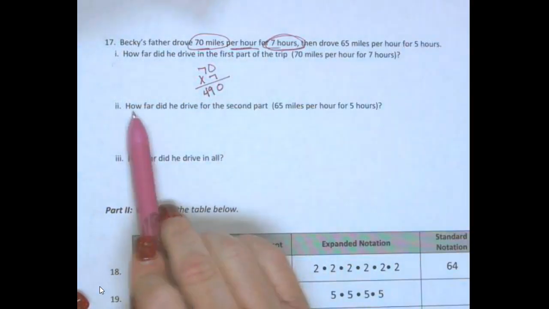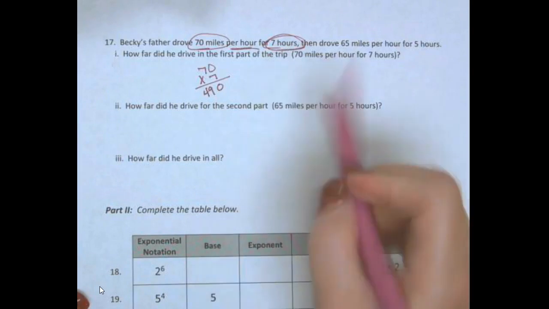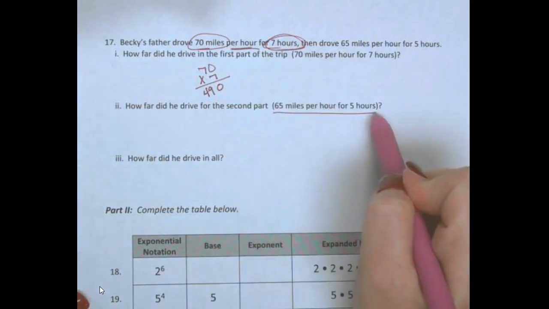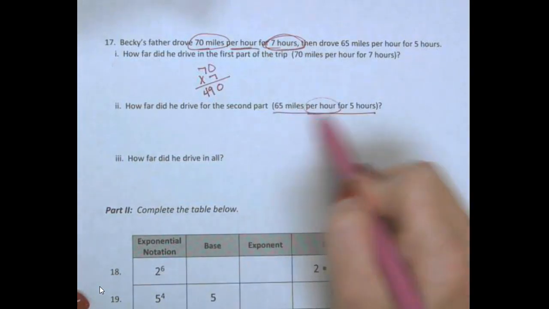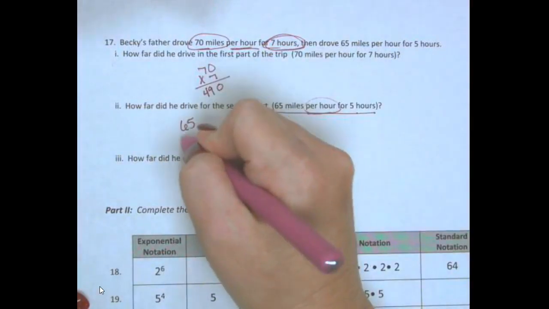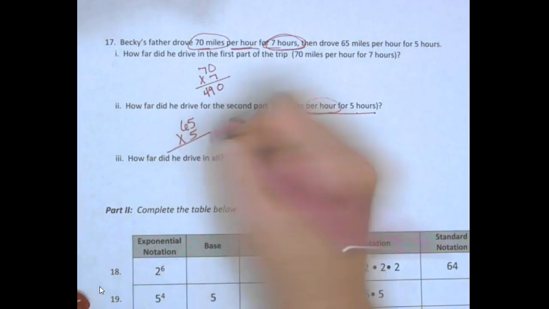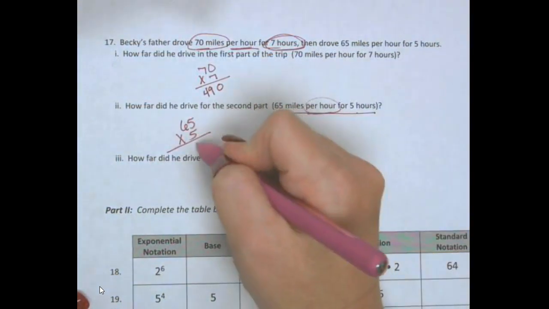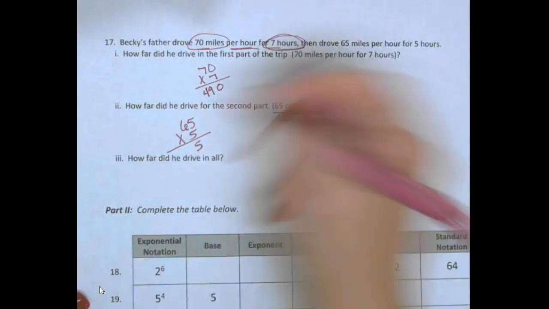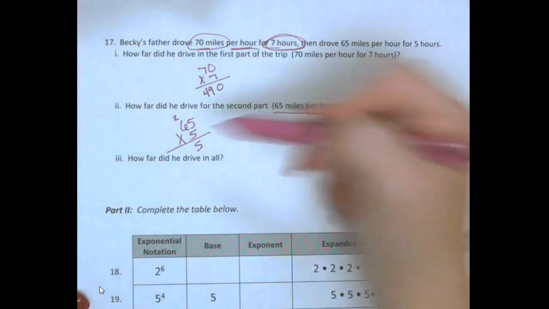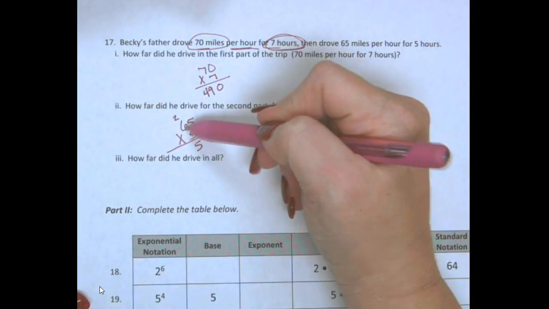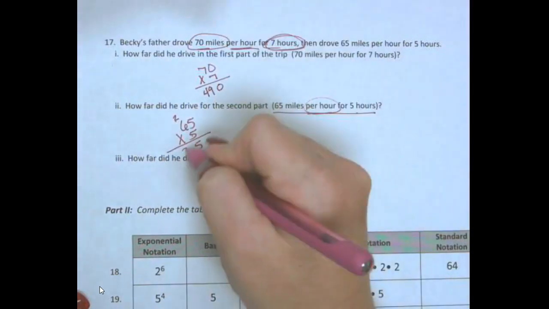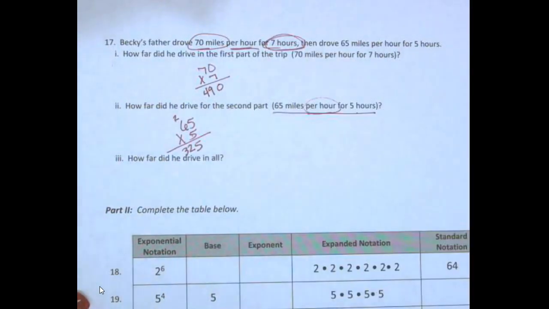How far did he drive for the second part? 65 miles per hour for 5 hours. So this is 65 times 5. 5 times 5 is 25. Carry my 2. 5 times 6 is 30, plus 2 is 32.